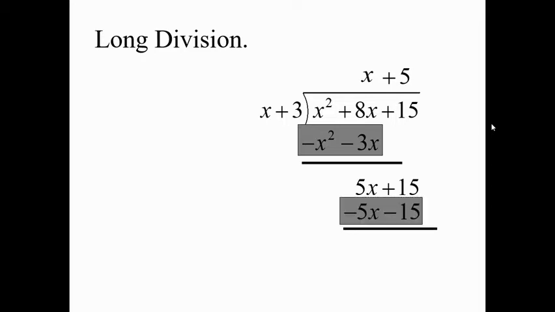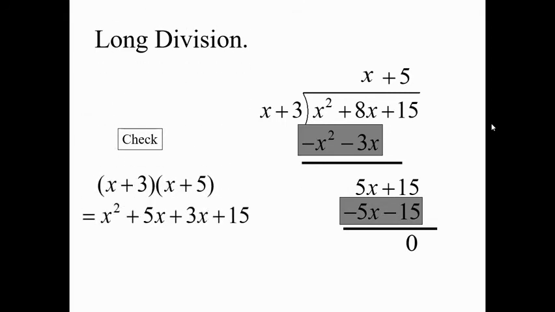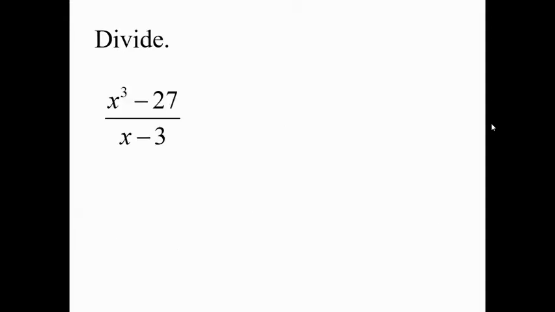So again, we're going to change our signs and we add them together. Okay, and this gives us another 0. You can check this by taking x plus 3, x plus 5, and go ahead and FOIL them out. And you'll notice that you get x squared plus 8x plus 15, which is what our division was.